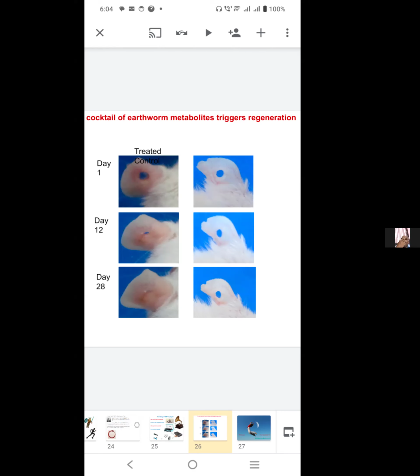Here we use the metabolites from earthworm, and we have shown the regeneration ability of a mouse phenom. So the earthworm extract can trigger regeneration in the mammalian system.